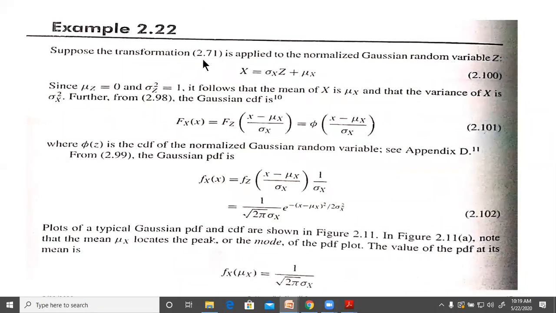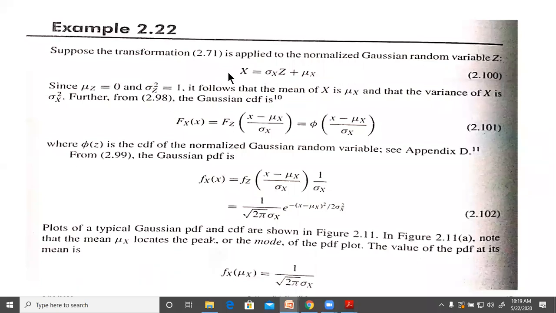Then for a normalized Gaussian random variable, we will have mu z equal to 0 and sigma z square equal to 1. So the mean is 0 and the variance is 1 for a normalized Gaussian random variable z.